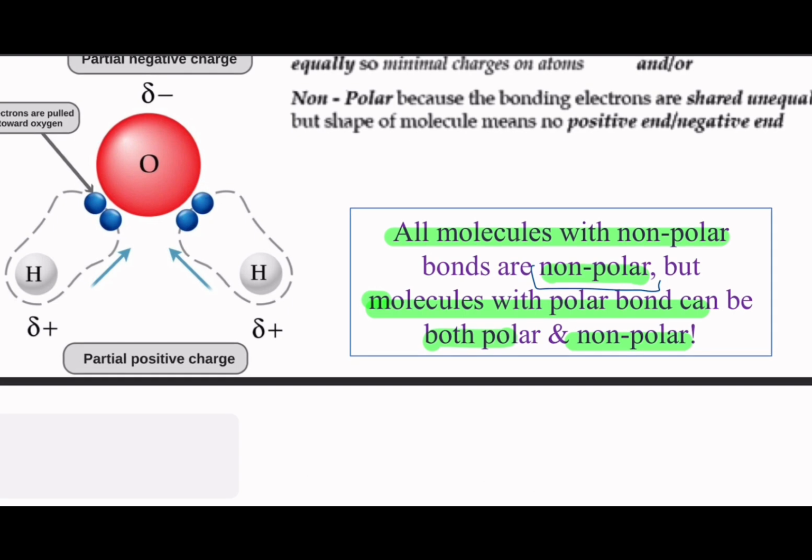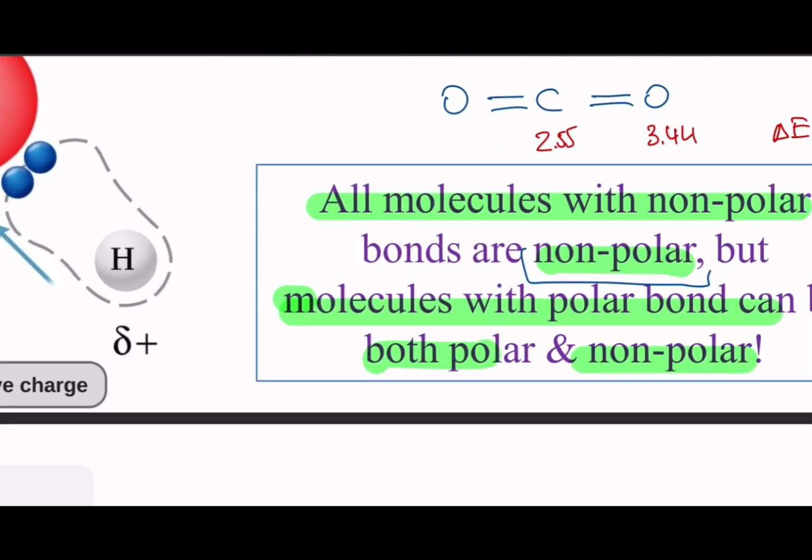For example, we have carbon and oxygen here, and from the periodic table, we can find that the carbon electronegativity value is 2.55 and oxygen is 3.44. So the electronegativity difference is 0.89, which is more than 0.5, and we expect it to be polar.